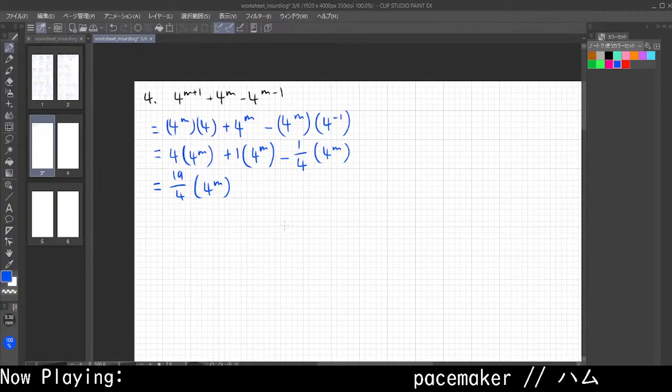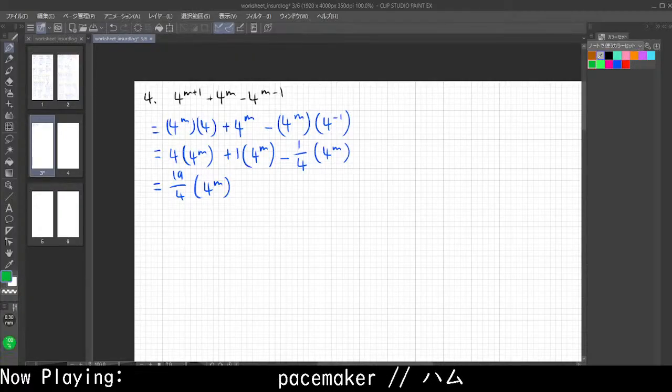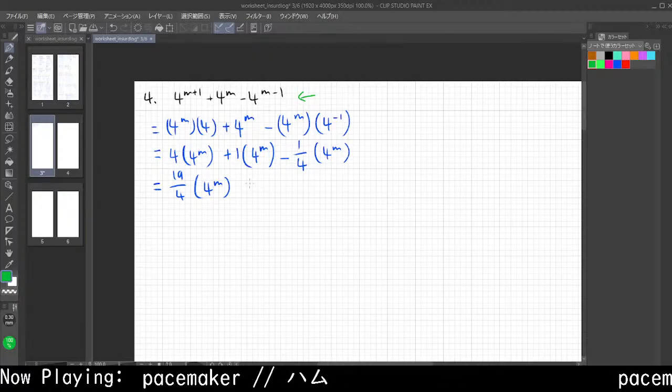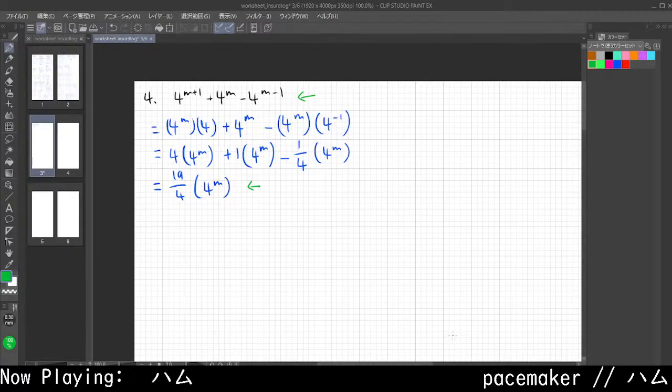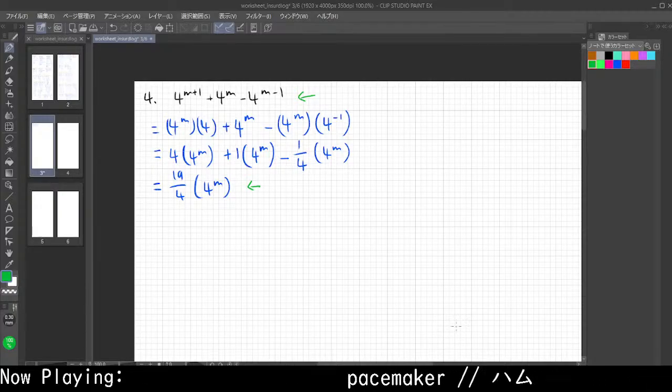Since your starting expression, this black color one, can be written as this resulting blue colored one, you can see that this blue colored one has a 19 on top over there. So what does this mean?